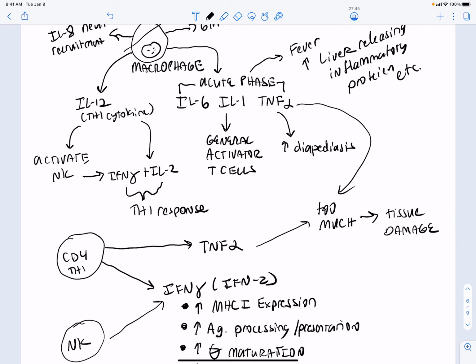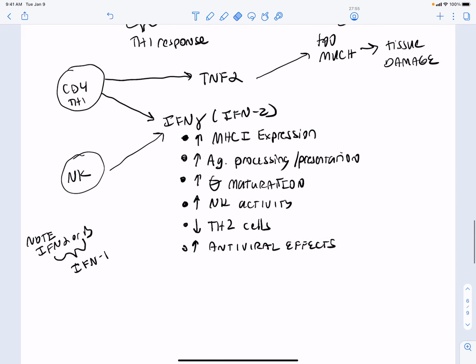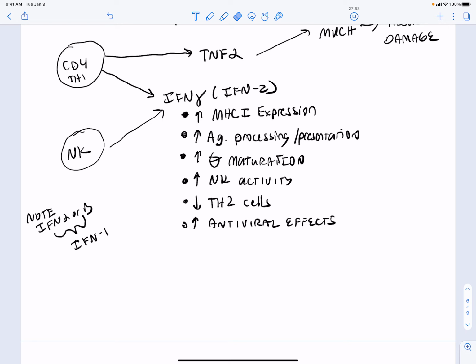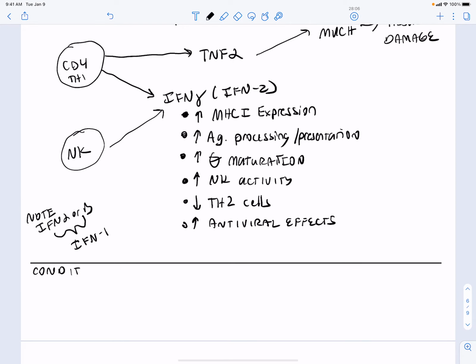And so Mycobacterium is able to cause an overt type of disease if a Th1 response is not favored. And that's true with all intracellular pathogens. So we have conditions that do not favor Th1.